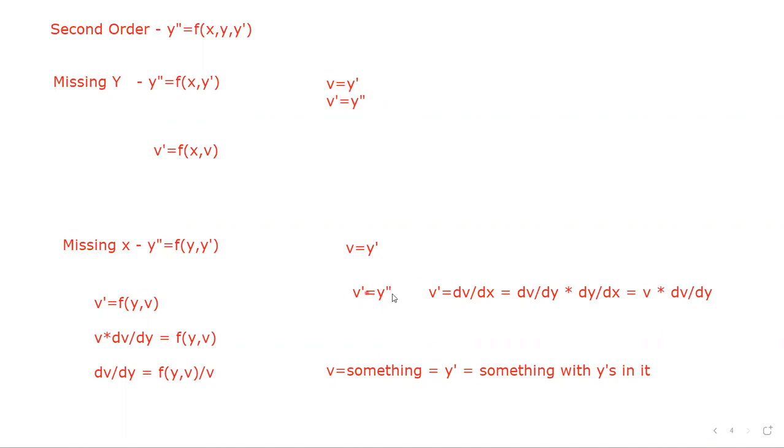Down here, you have to get in terms of your y's, so you have this little bit of a change, which is your v times dv dy. So a little bit of a change in there, although it's not too different from whenever we had the other stuff with the homogeneous thing and factoring out your x and making v equal y over x and then doing your derivative in the product rule. So it's the same type of idea of a change.